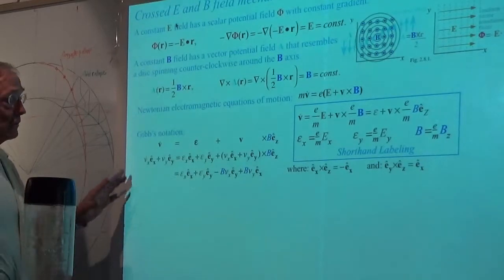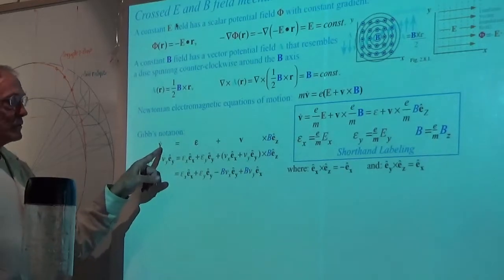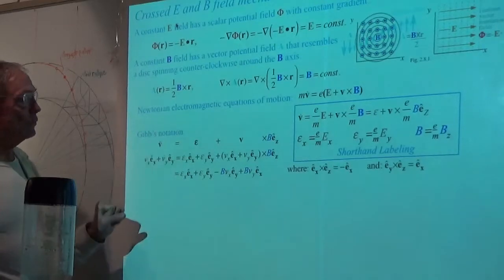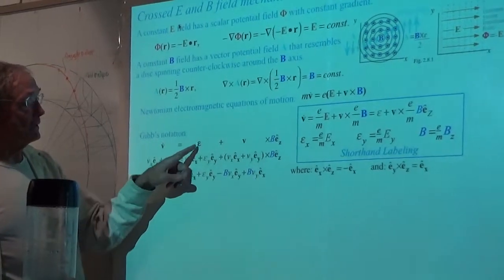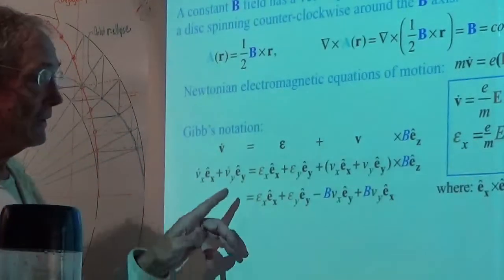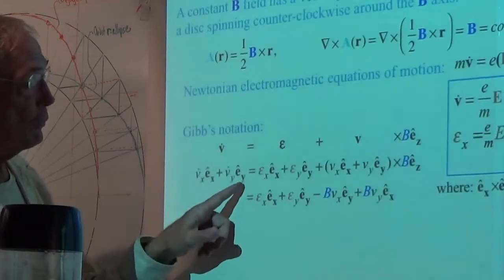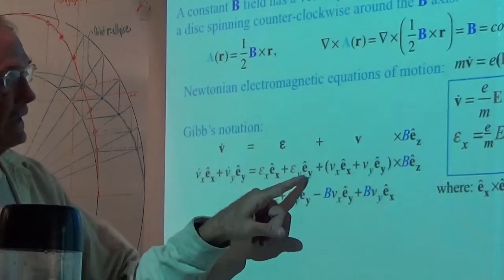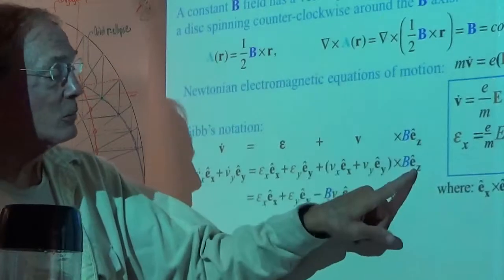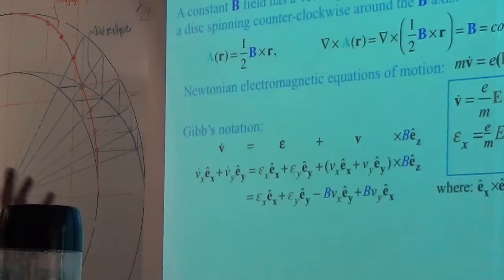Forget Lagrangians and all that. We're just doing straight sort of sophomore physics vector analysis here. So V dot, the time derivative of V, which has two components, X and Y, is going to be the epsilon vector, the E field, with the shorthand labeling where E over M is 1. Okay, and then we've got here the V, which is a two-dimensional thing, and then cross, just one component, the Z component, is all we're interested in for the magnetic part.